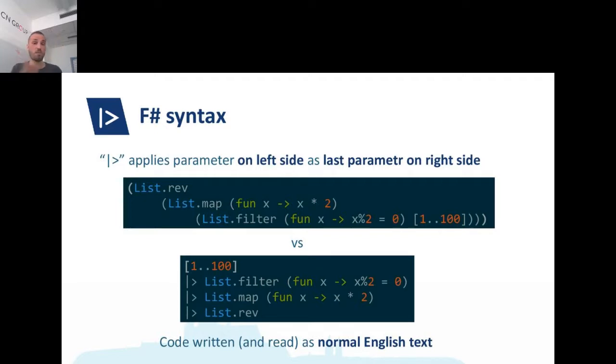If I do it without the pipe operator, like the upper example, then you have to read your code the opposite way from how you normally read English text or any other European, non-Arabic text, from left to right, from top to bottom. This feels unnatural when you really chain things together. But thanks to the pipe operator, you can really read code as normal English text.